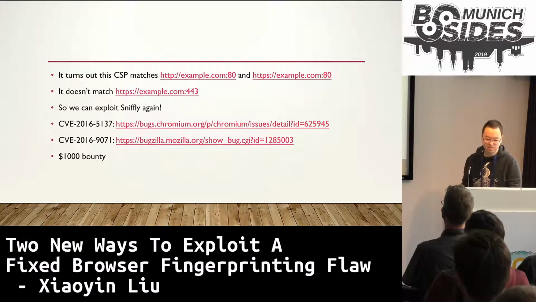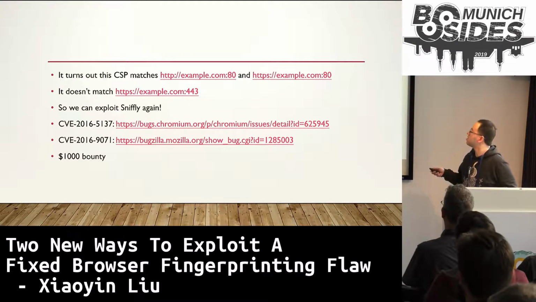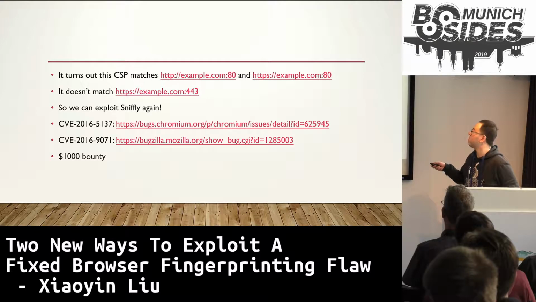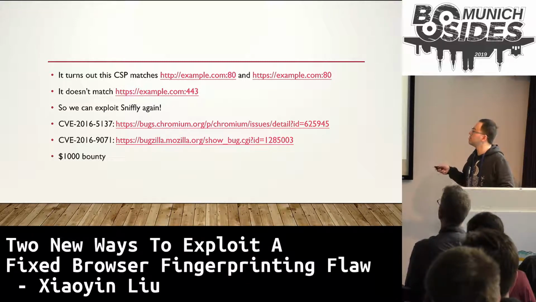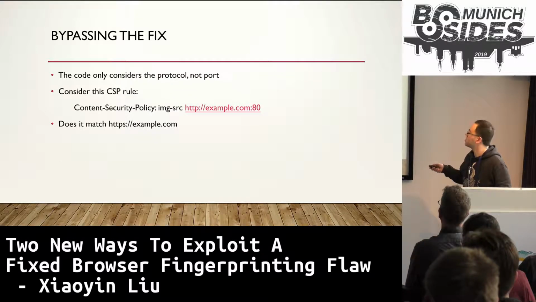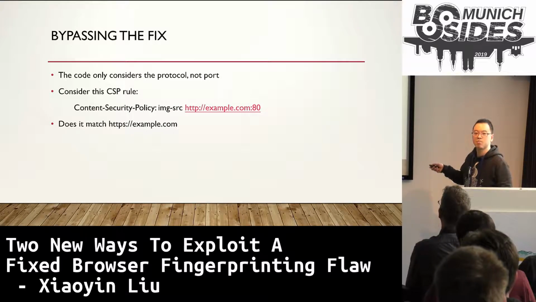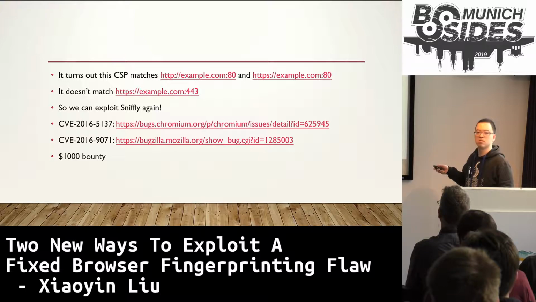It turns out this CSP matches HTTP with port 80 and HTTPS with port 80, but it does not match HTTPS with port 443, which is the port for HTTPS. This means we can use this content security policy to block HTTPS requests once again. Once we can do that, we can exploit SNIFFLY again.